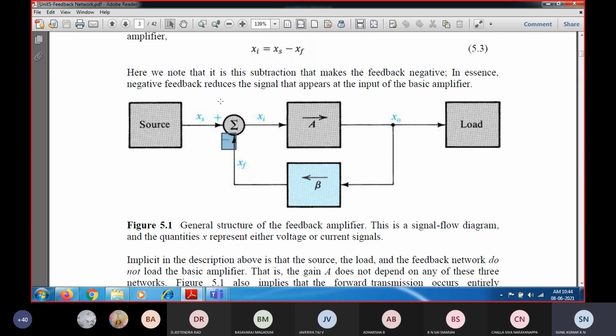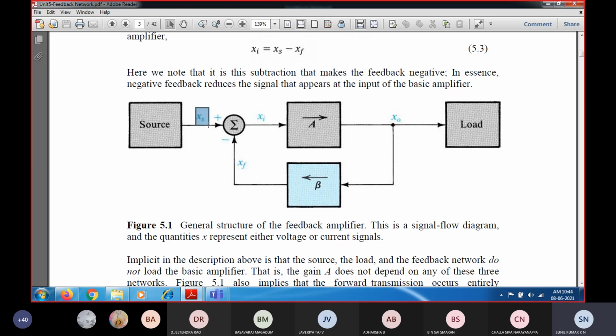You can see this is nothing but a summer circuit, which subtracts the feedback signal XF from the source signal XS. So XS minus XF results in the input signal to the amplifier. So Xi will be equal to XS minus XF.